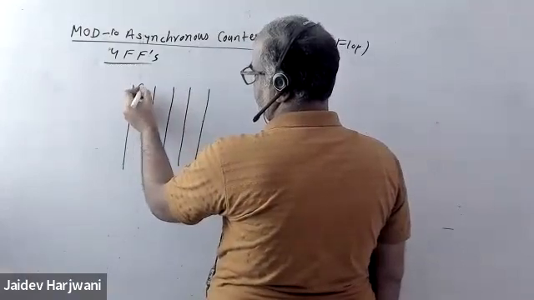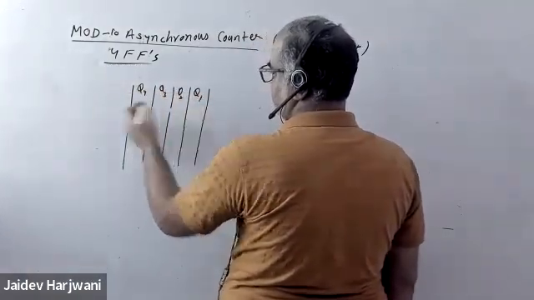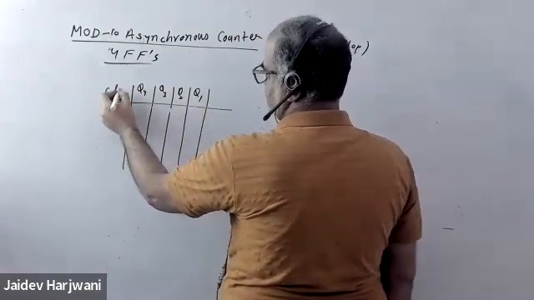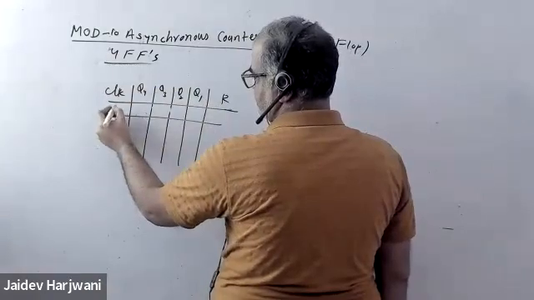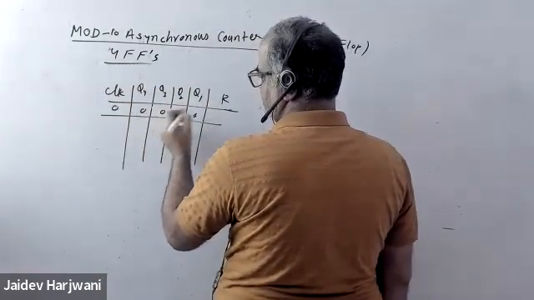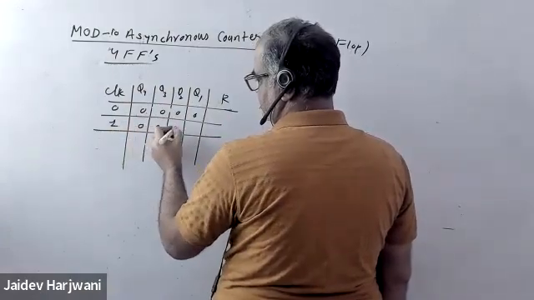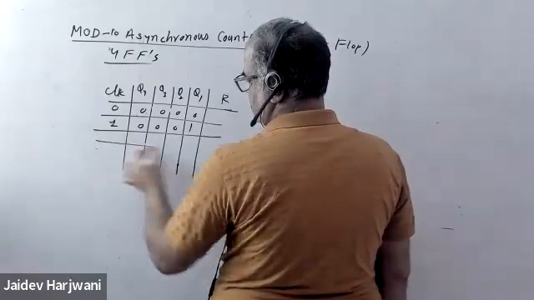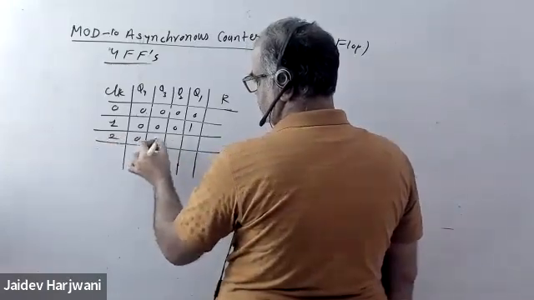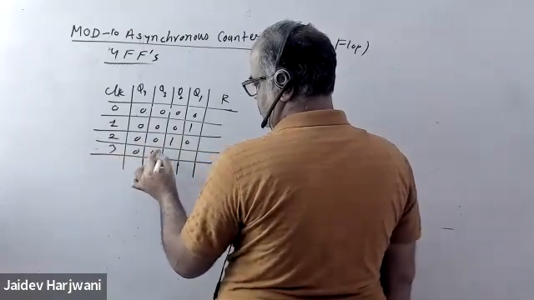I want Q4, Q3, Q2, Q1, and clock. The first thing is clock 0, so this will be 0 0 0 0. Then clock 1 is 0 0 0 1. Clock 2, 0 0 1 0. Clock 3, 0 0 1 1.